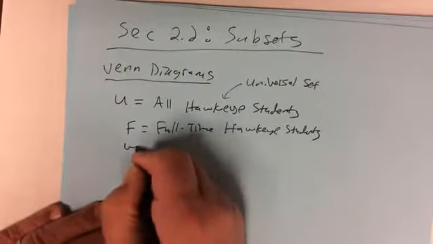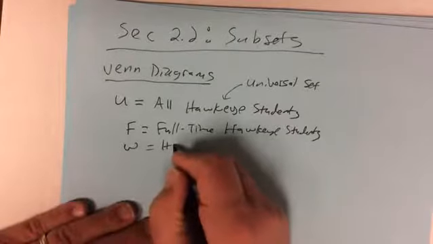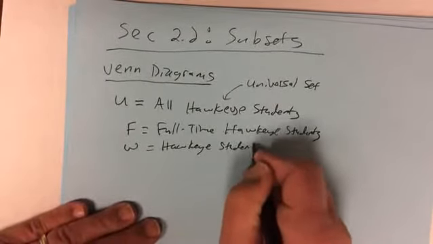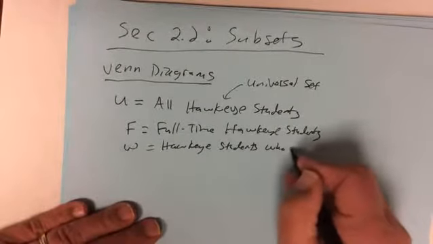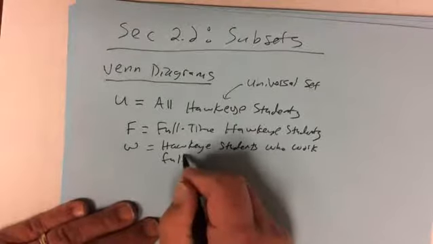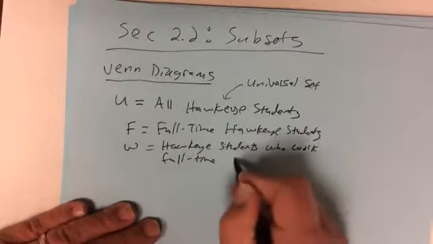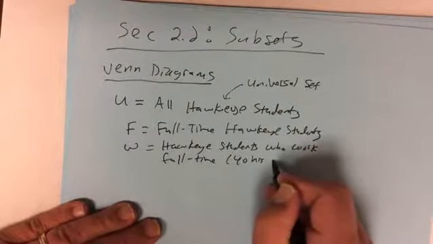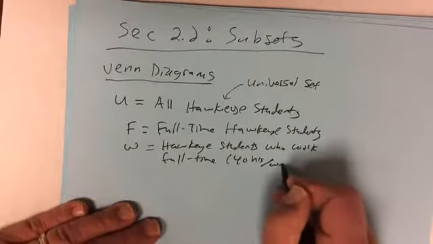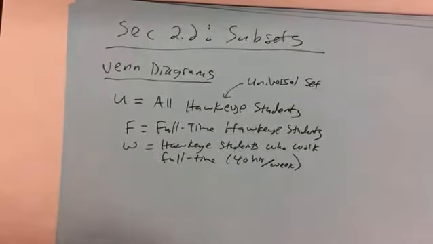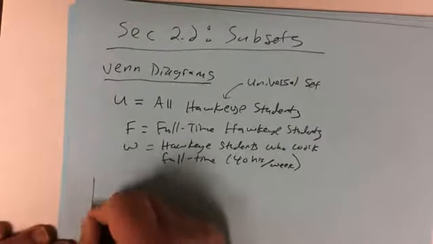Okay, and then let's let set W be Hawkeye students who work full-time. And we can just say that's 40 hours or more per week is full-time, let's say. Okay, so we have these two sets. The universal set is all Hawkeye students.